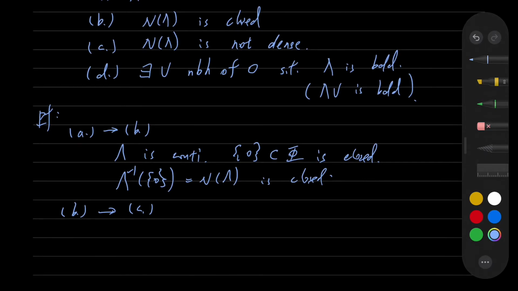So this is also very easy. We just look at the null space. Because it is closed, and there exists X such that lambda X is not 0, which means that X is not in the null space, right?